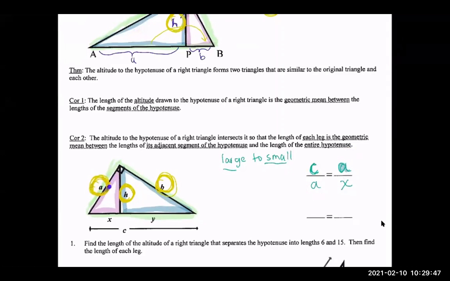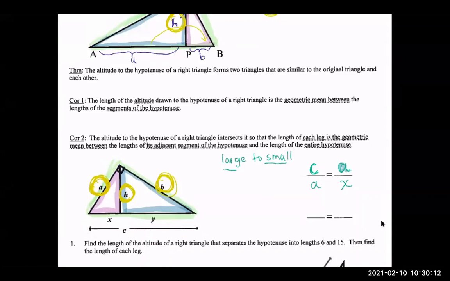And it's going to be the geometric mean between the whole hypotenuse and the piece of the hypotenuse that's closest to A. So C being the whole hypotenuse, X being the piece of the hypotenuse that's closest to A. So C to A to X, okay? And then these are right by each other.